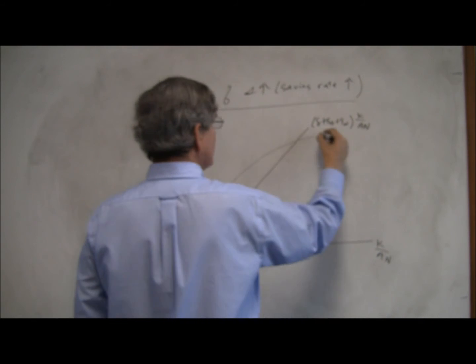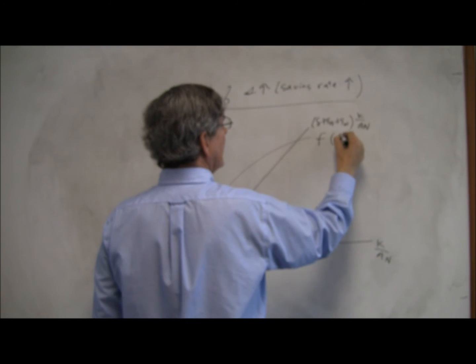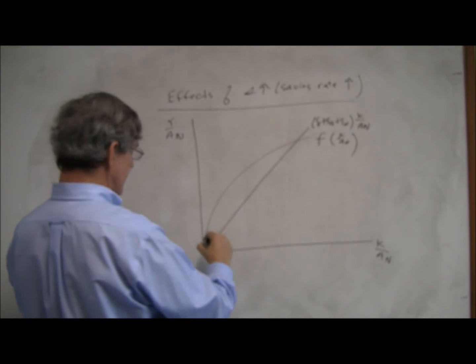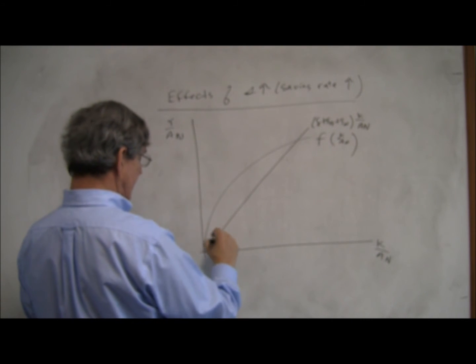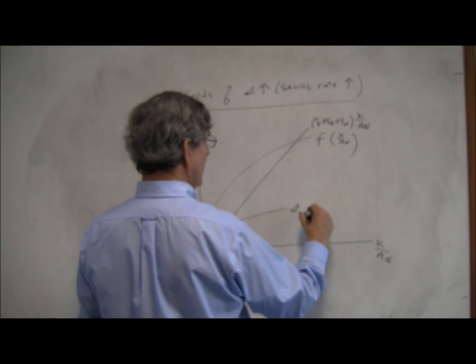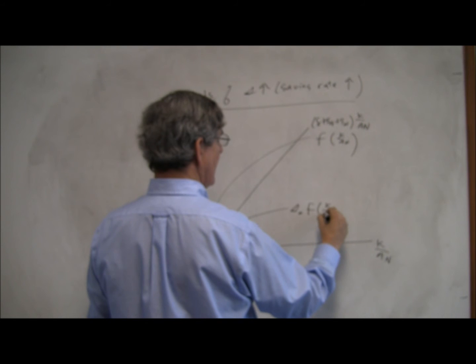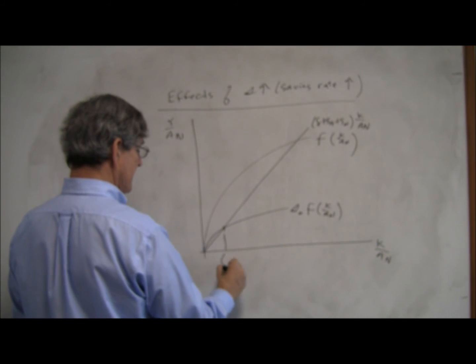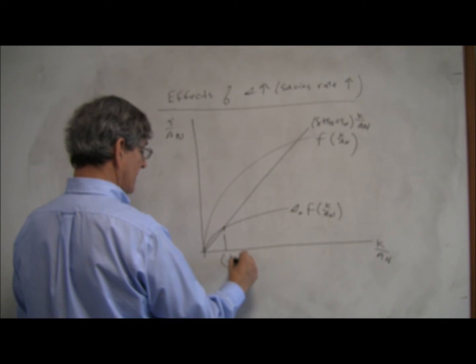Have a production function f of k over AN. And you want to leave room to rotate this investment function up, so make it hit relatively low on your line here. Here's S0 f of k over AN. That's initial investment.